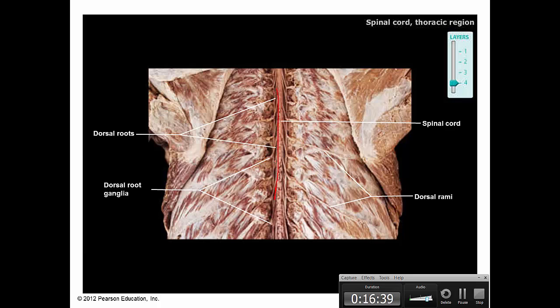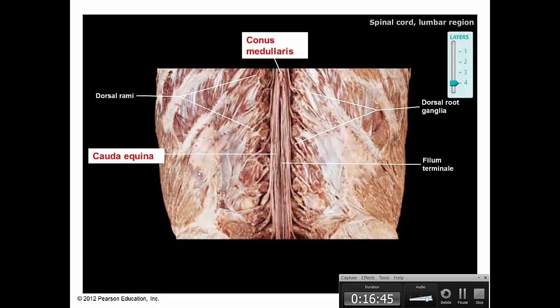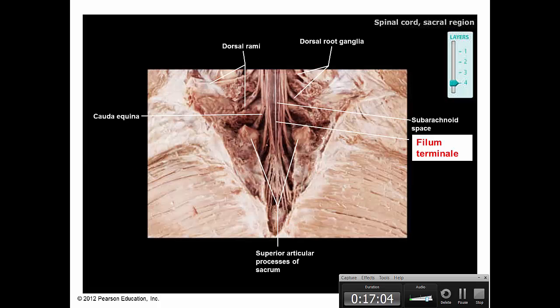So this is my spinal cord here, and these are my spinal nerves. In the lumbar region, the spinal cord has already ended. It ends between L1 and L2 vertebrae, and the spinal nerves are still going down, and they make this horse tail that's called cauda equina.